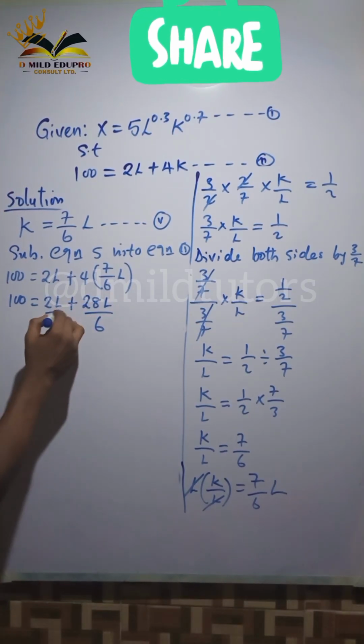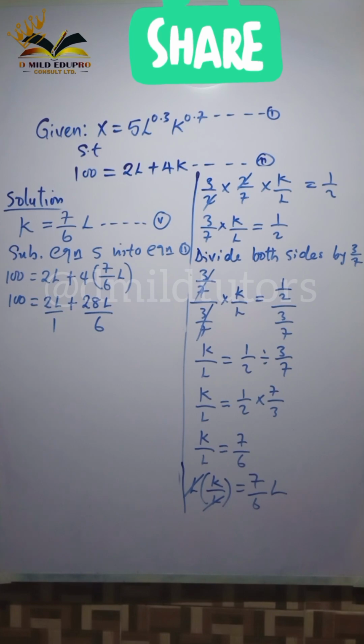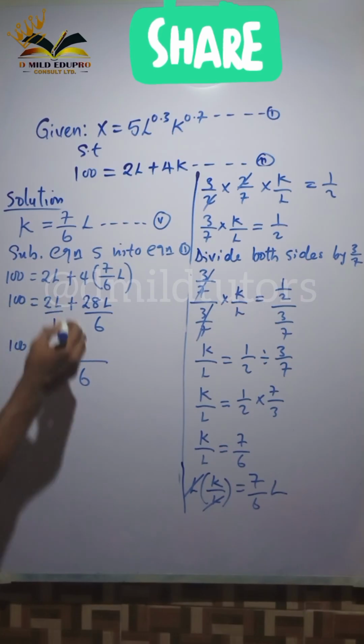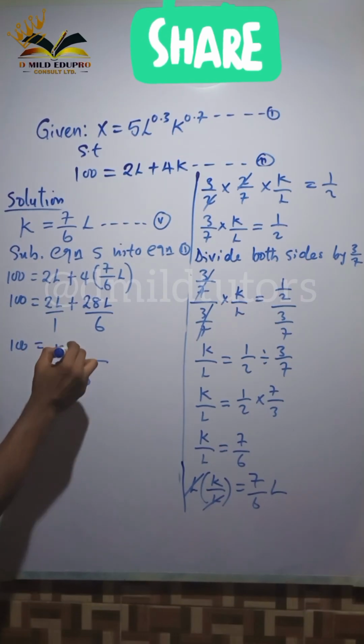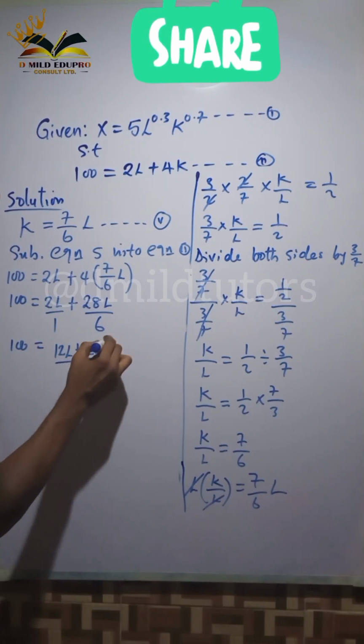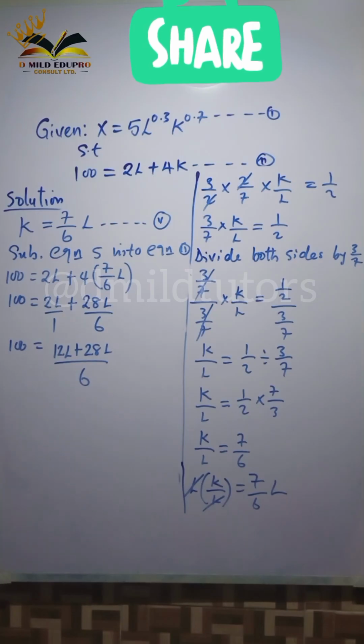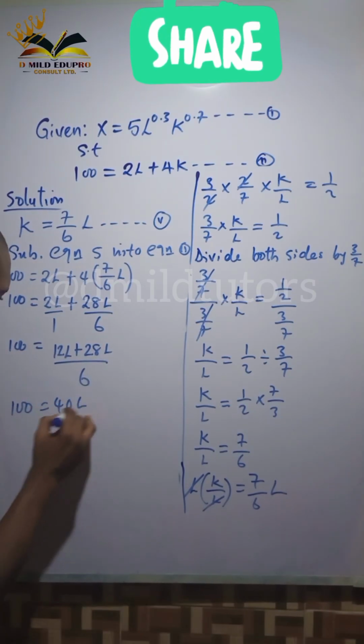This is over 1. We can now look for the LCM, right? This is 100. The LCM will be 6. 1 into 6 is 6 times this. You have 12L plus 28L. All right. So if you add these two, this is 40L. 100 equals 40L over 6.